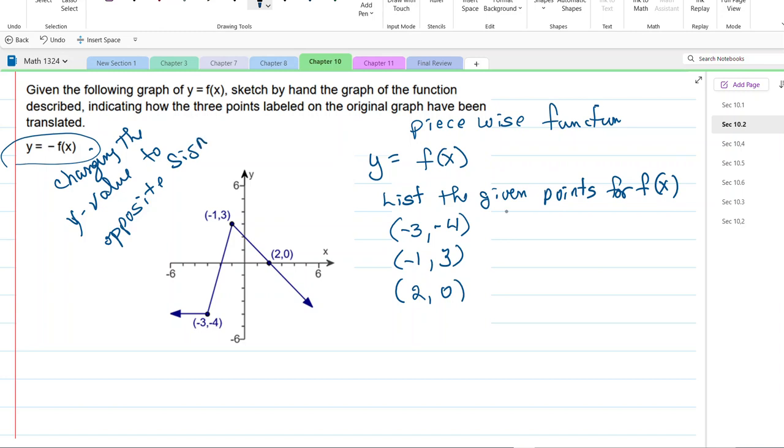All right, so if this is f of x, then what we want is the opposite of f of x for the y value. So we'd still have a -3, but we have a what? +4. We'd still have a -1, but a -3. A 2 and a 0 does not change because 0 cannot be negative. It's just 0.